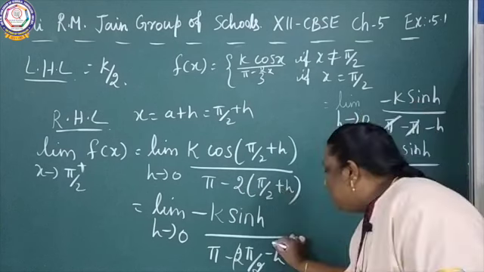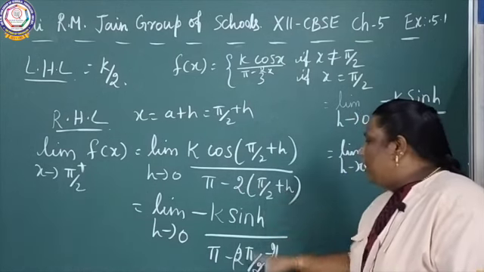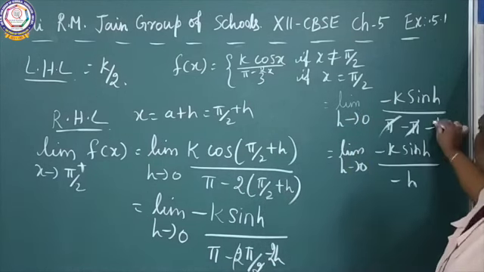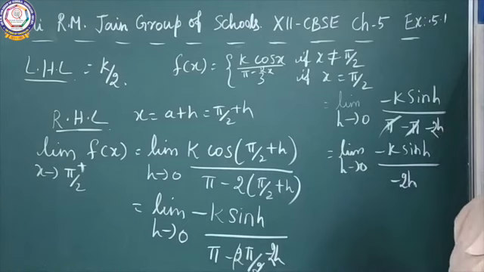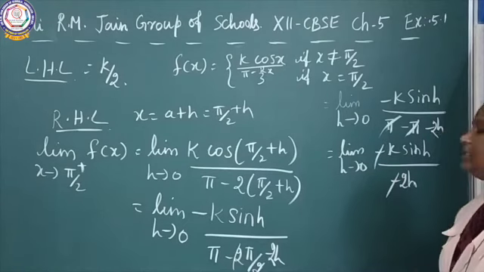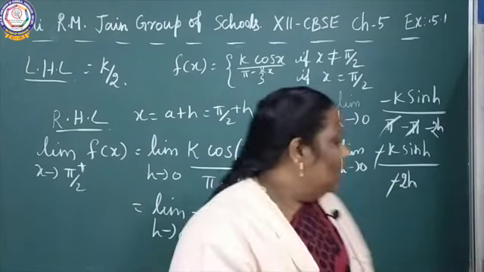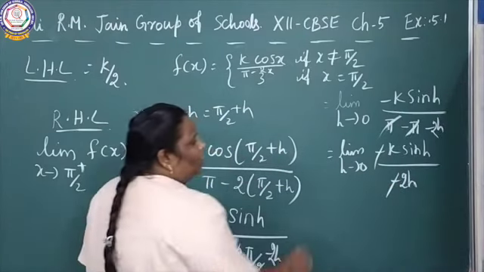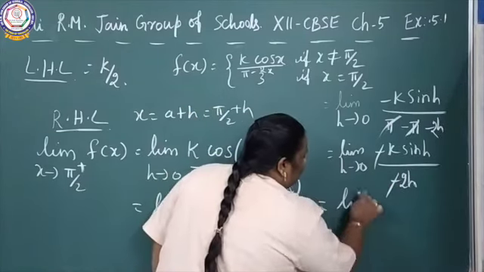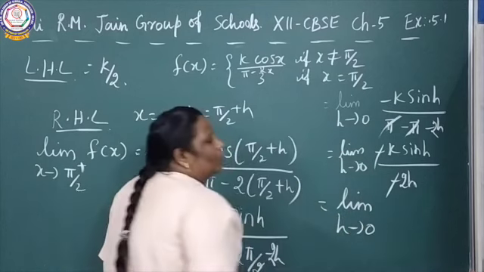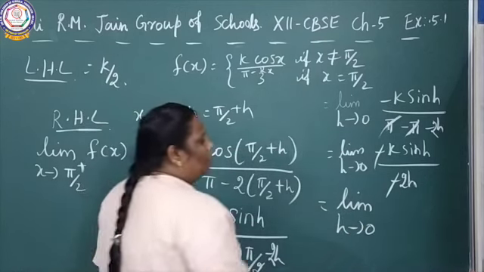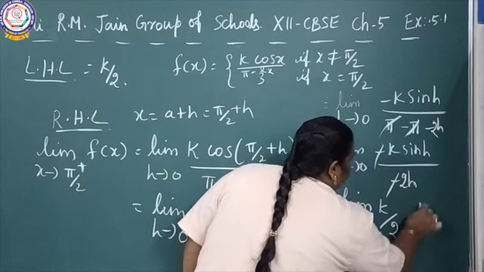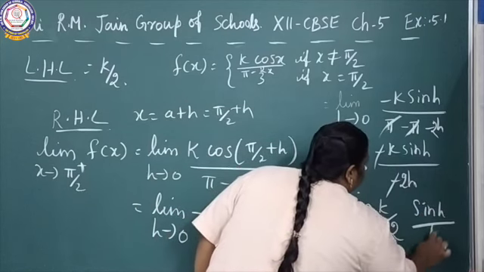2 into pi by 2 plus h gives pi plus 2h, so the minus gets cancelled. You write limit h tends to 0, separate the value: k by 2 into sin h by h.